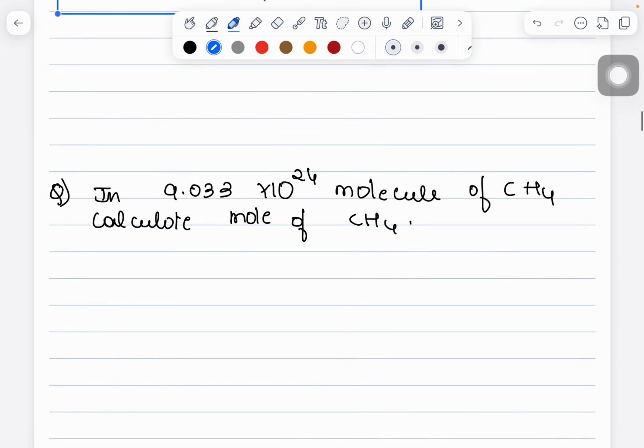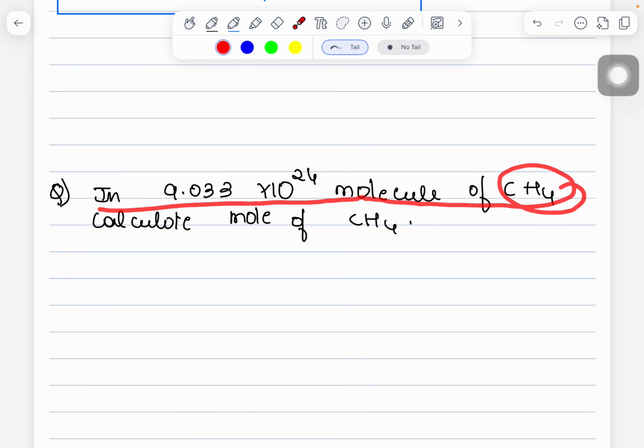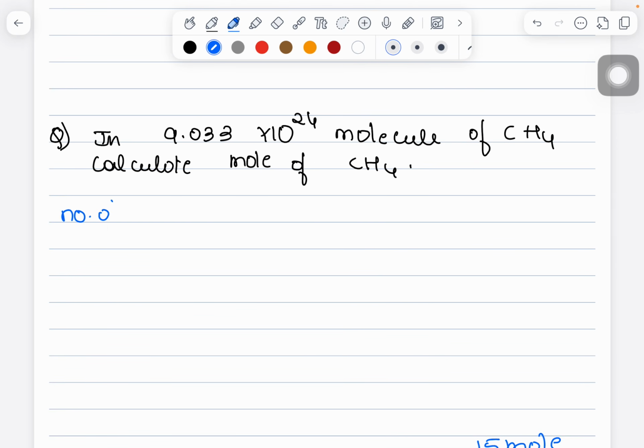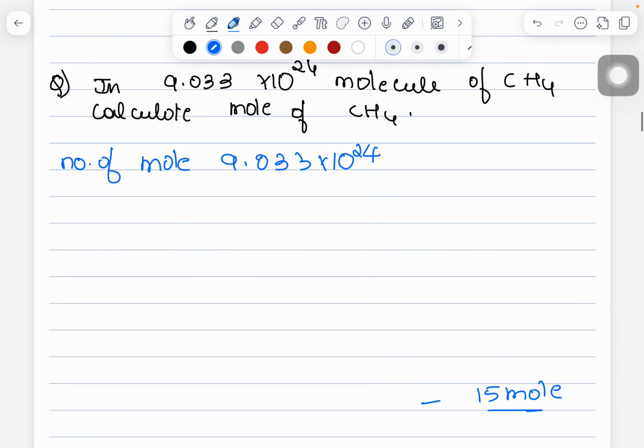First question: in 9.033 × 10^24 molecules of CH4, calculate moles of CH4. Now what did they give? They gave us the number of molecules, which is 9.033 × 10^24, and they are asking what is mole.